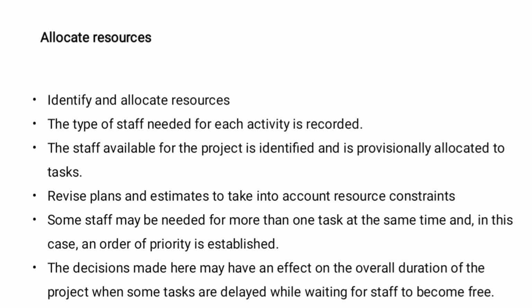Some staff may be needed for more than one task at the same time, and then in this case an order of priority is established. The decision made here may have an effect on the overall duration of the project, when some tasks are delayed while waiting for staff to become free.